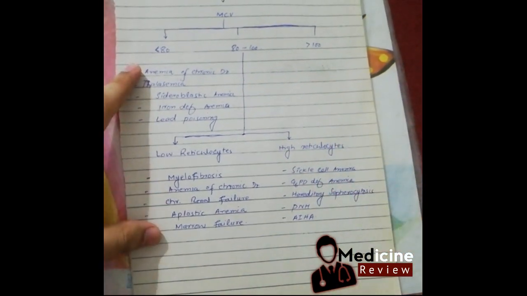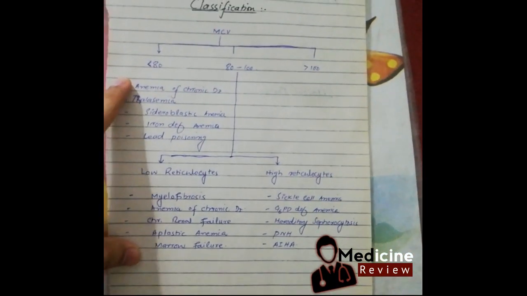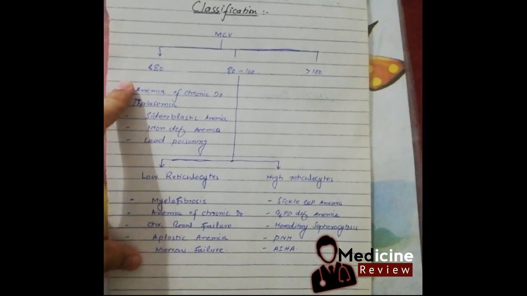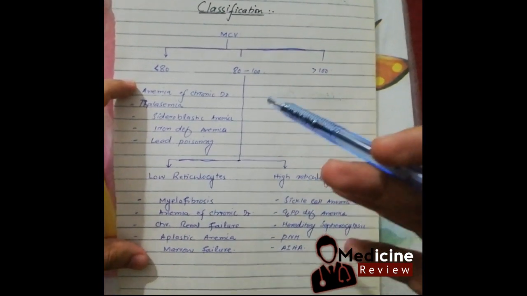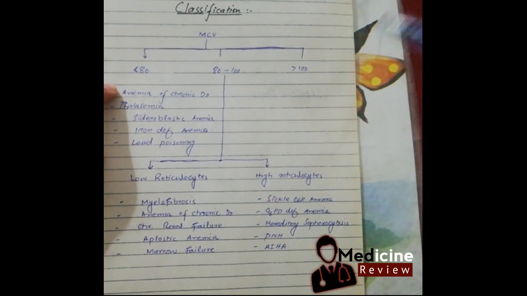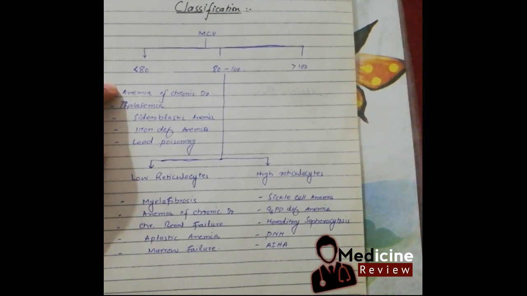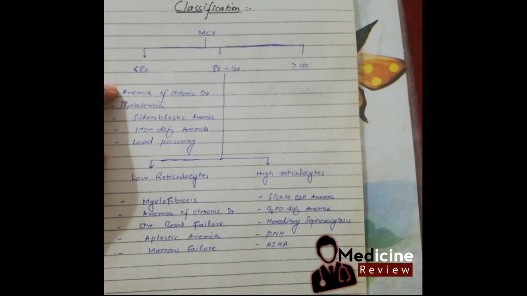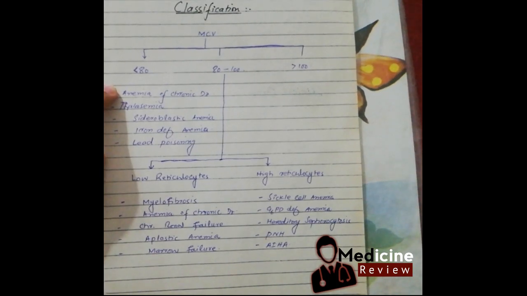But there is another very important concept to remember: the reticulocyte count. A reticulocyte is an immature RBC which comes into the blood prematurely, and its size is larger than the normal RBC. The lifespan of a reticulocyte is almost 1 day, and the count of reticulocytes in normal blood is 1%.